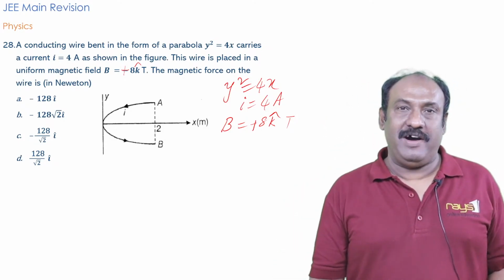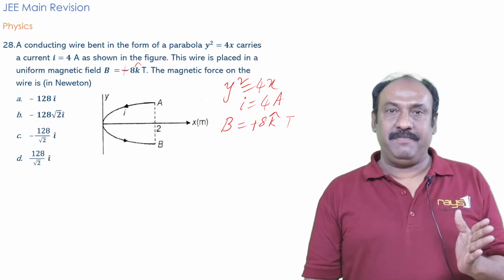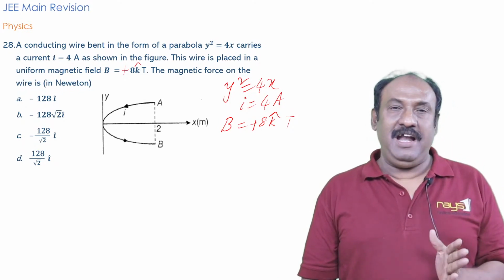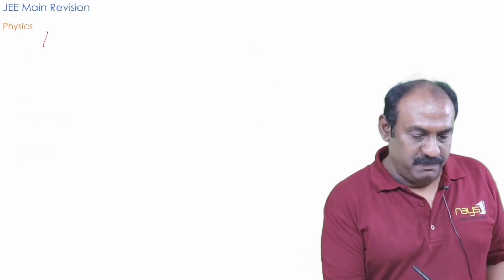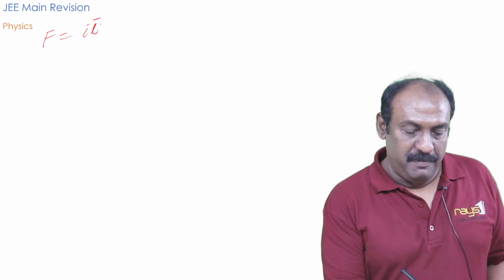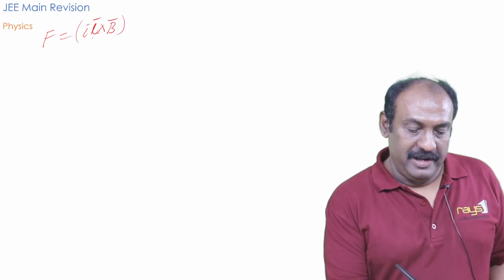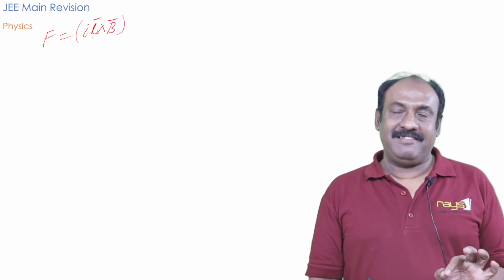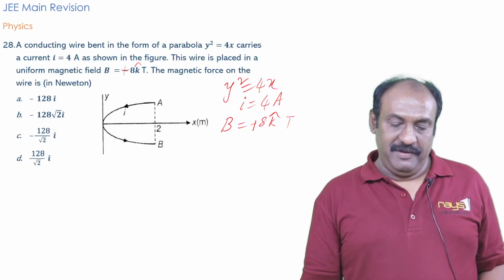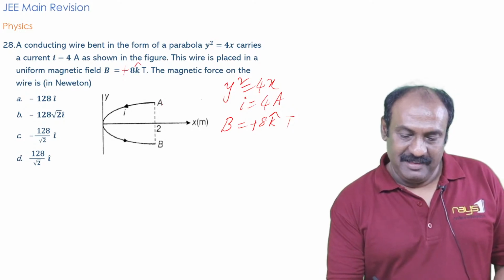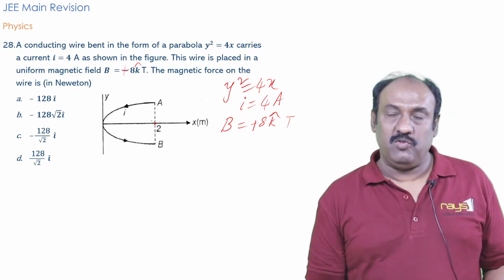Already told, when a wire of irregular shape is kept in the magnetic field, the force experienced is equal to I L bar cross B bar, where L is the shortest distance between one end of the wire to the other end. So this one is A, this distance is given as 2.